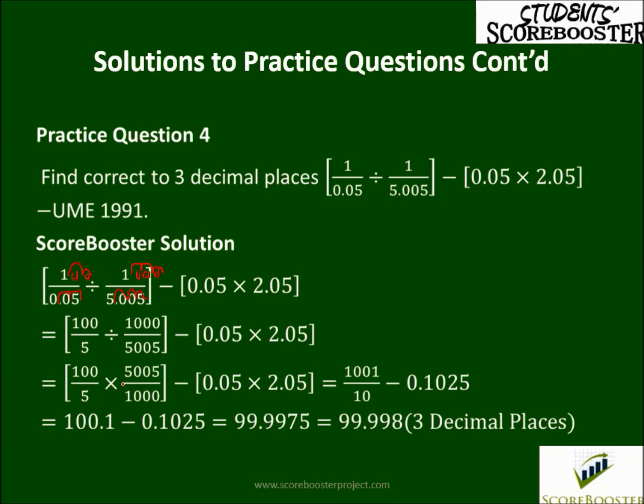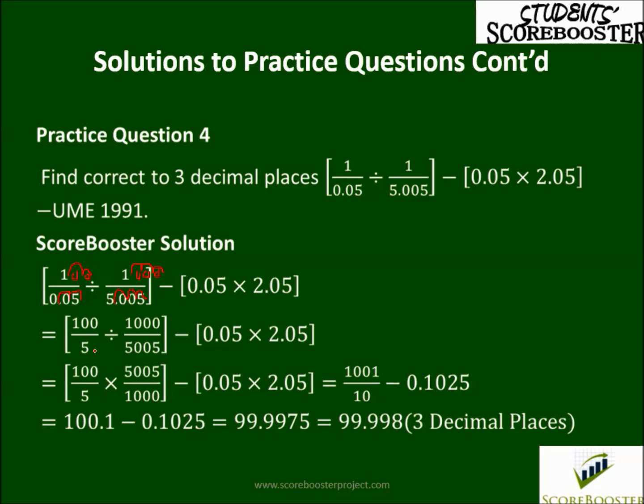So 100 over 5. Then when we replace this division with multiplication, we have to invert this. So we take the inverse of this, that means we replace the numerator with the denominator and the denominator with the numerator. So we have 5005 divided by 1000. And here too we have the expression in bracket.